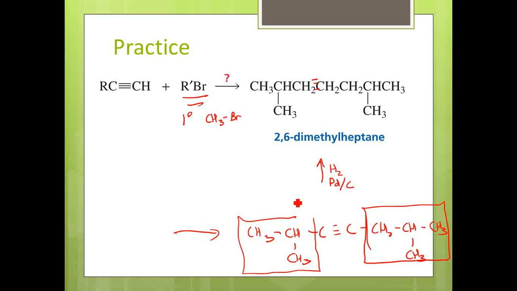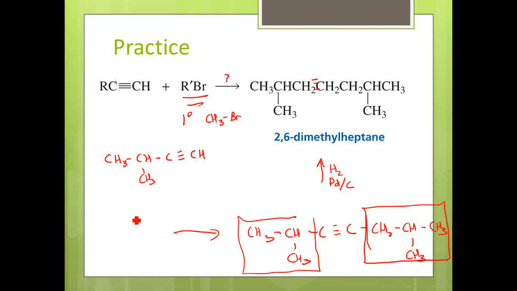But there's something about this one that's very important. If we remember, it needed to be primary or just a methyl halide. The primary is a key part, because see how this R is a secondary? That one can't be the alkyl halide. It won't actually be attached to this.